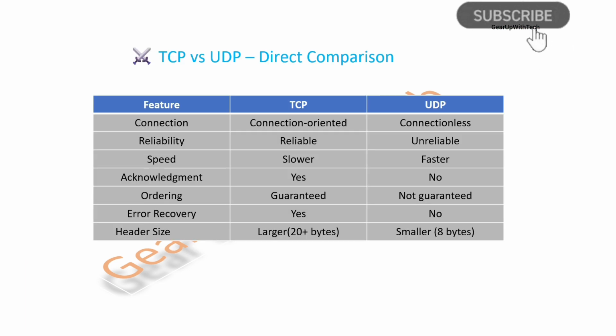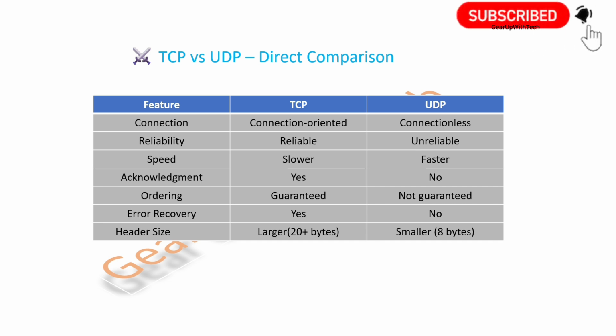So let's see the direct comparison of TCP and UDP. Connection: TCP is connection-oriented due to the three-way handshake, and UDP is connectionless, as discussed. Reliability: TCP is reliable, UDP is not reliable. Speed: TCP has lower speed than UDP. Acknowledgement: TCP checks for acknowledgement, but UDP doesn't.